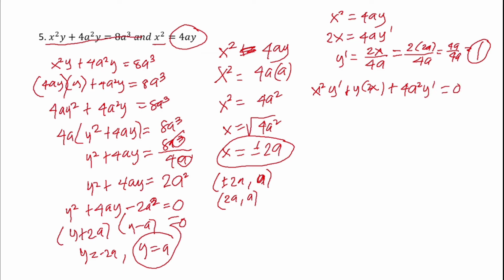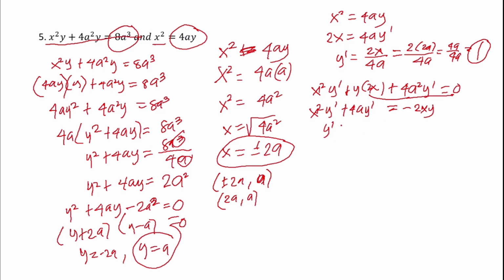So this will become 0 because this is part of the constant. The a's are constants here. So first we have x squared y prime plus 4a squared y prime is equal to negative 2xy. Right? We transpose this to the right side.